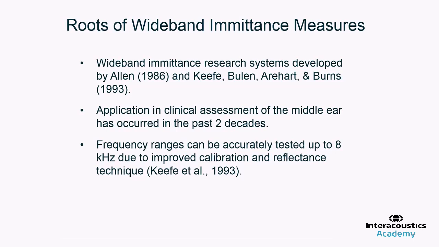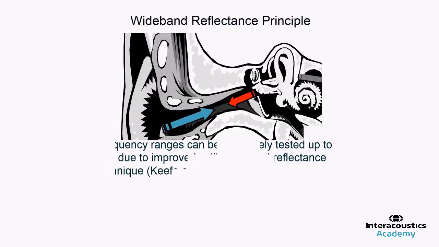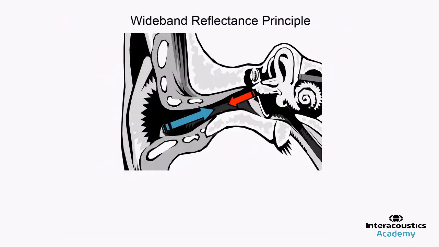The main advantage to wideband reflectance is that we can measure middle ear transfer up to 8 kilohertz, and this is really because of the improved calibration and the reflectance technique, which doesn't rely upon subtracting out the middle ear or the outer ear contribution. So the main advantage of wideband reflectance is that it's not as affected by the location of the probe in the ear canal.